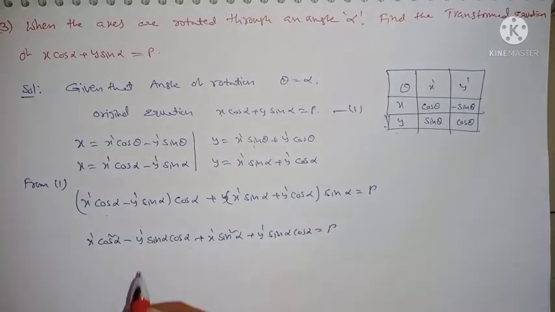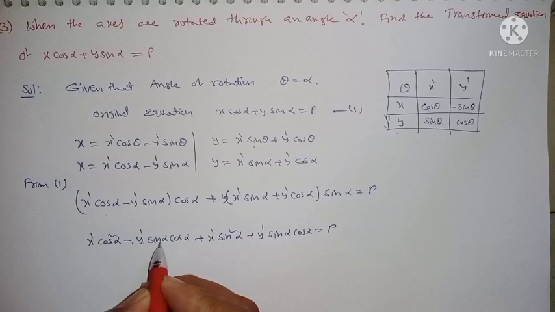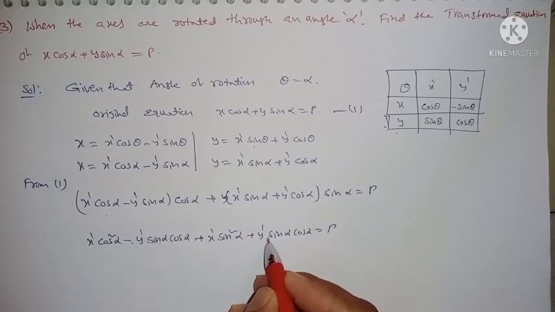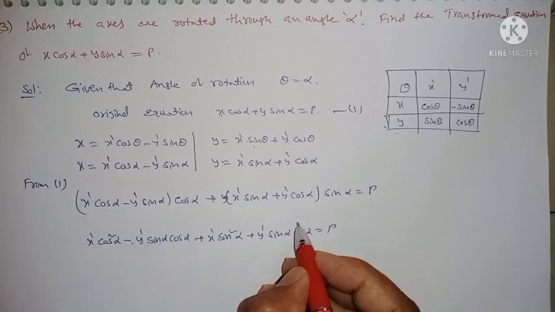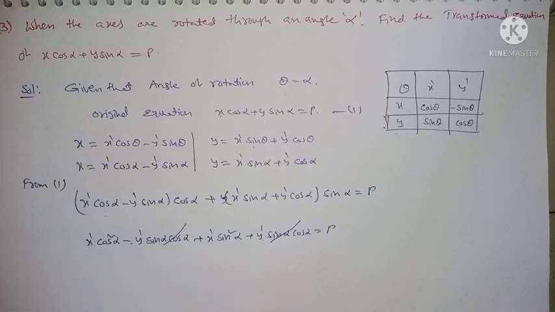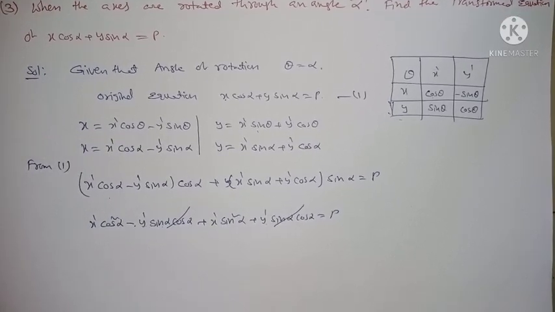Listen, this is minus y dash sin alpha cos alpha plus y dash sin alpha cos alpha. Both are the same, the sign is different, therefore plus and minus, so they must cancel. And what is remaining?